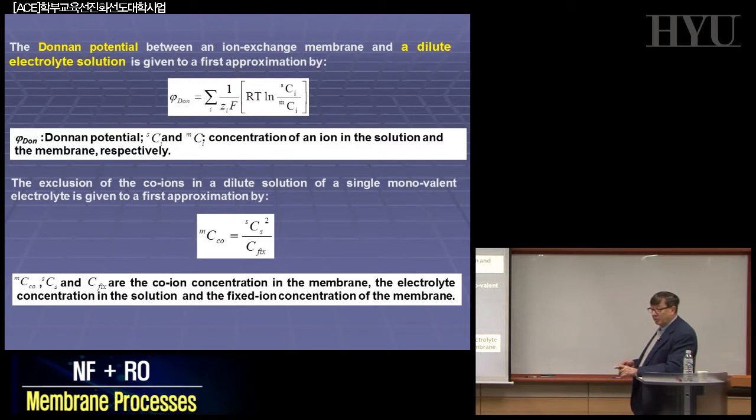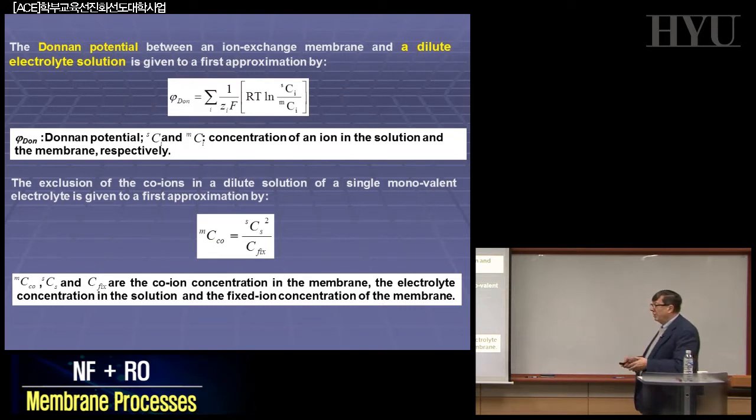And that is important because when you have ion exchange membranes and you want to utilize the system to exclude some ions, you must always be sure about this concentration, which is also called the charge density of your membranes.